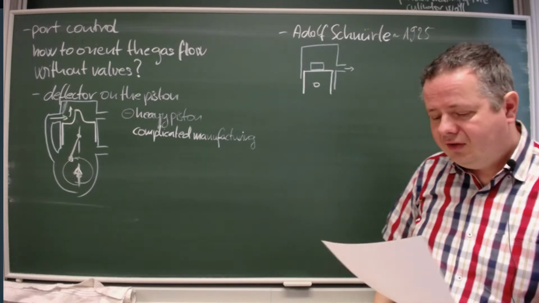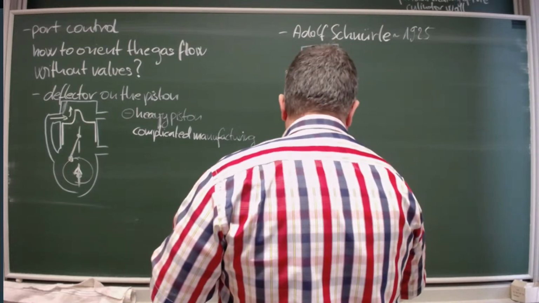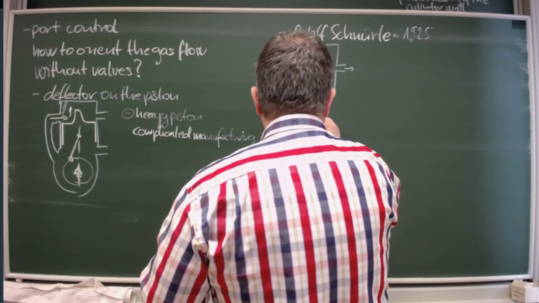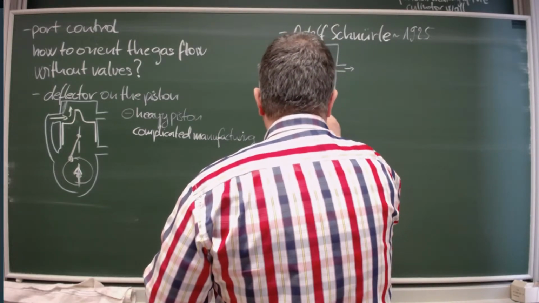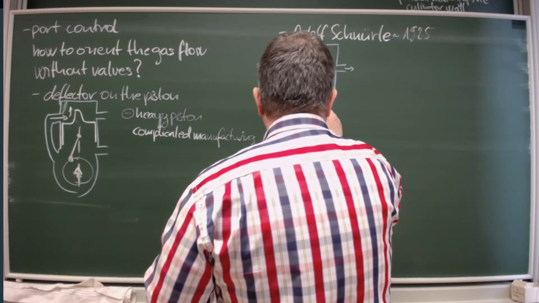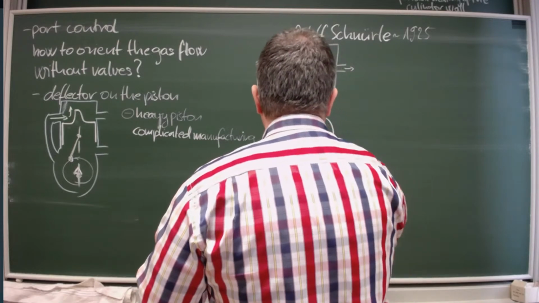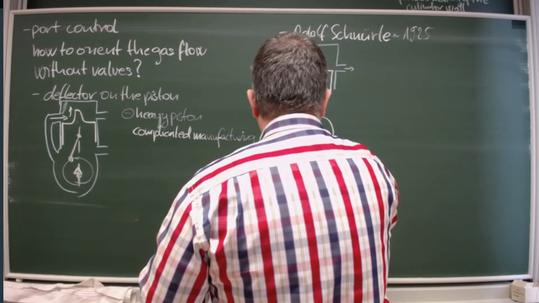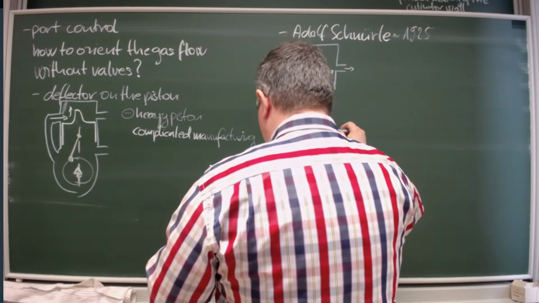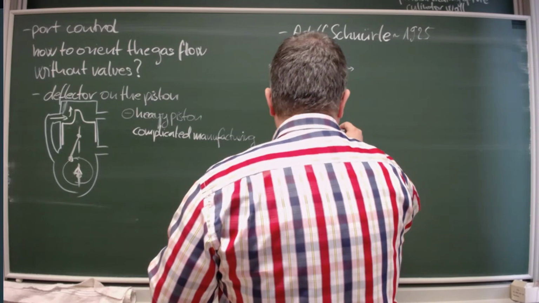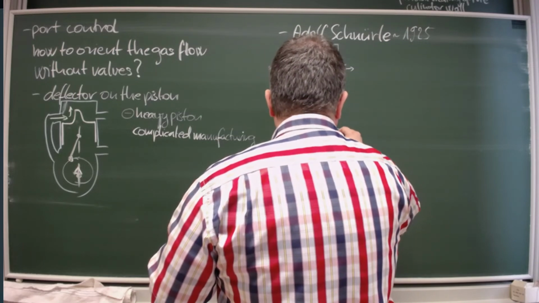What are these interesting things? I need a top view of the system for that. In the European representation, the top view is just below. I get the piston pin here, and I want to show you about the idea of Schnürle. We got the exhaust still. We got just one exhaust.